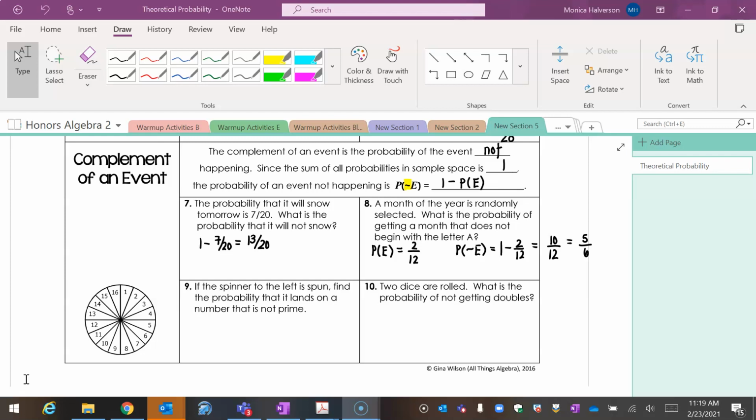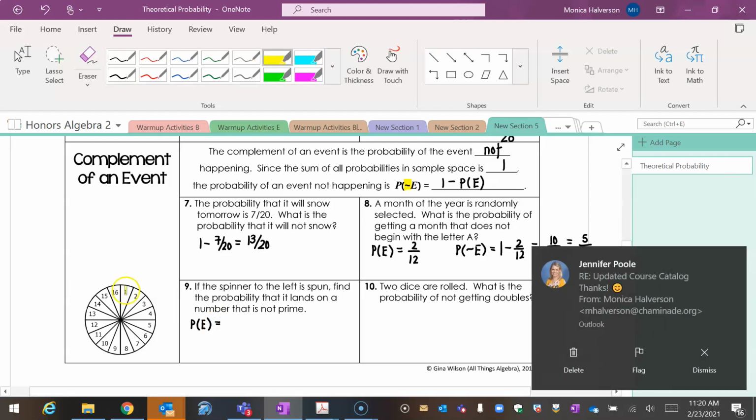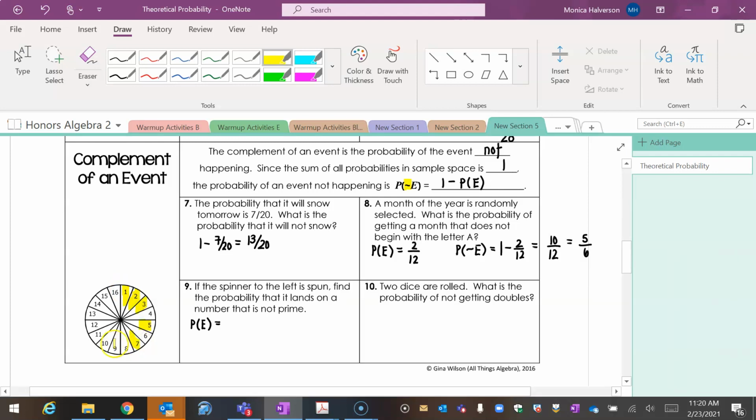For number 9, if the spinner to the left is spun, find the probability that it lands on a number that is not prime. So the key thing is that the probability that it is prime is our P of E. So let's highlight the prime numbers: 1, 2, 3, 5, 7, 11, 13, and that's it.